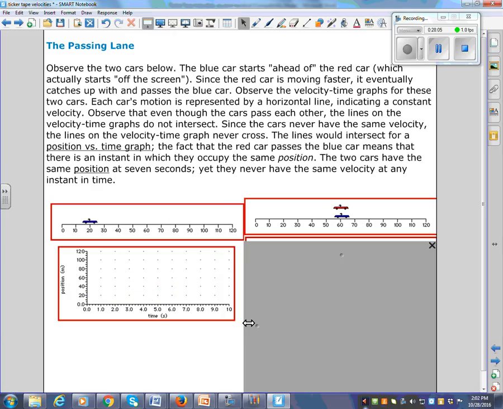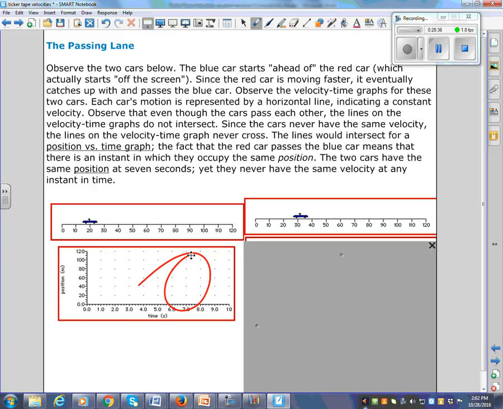That's right. Would you agree that the red car catches the blue car? Yes. Josh, at what time does the red car catch the blue car? No, at what time? 7 seconds, right?